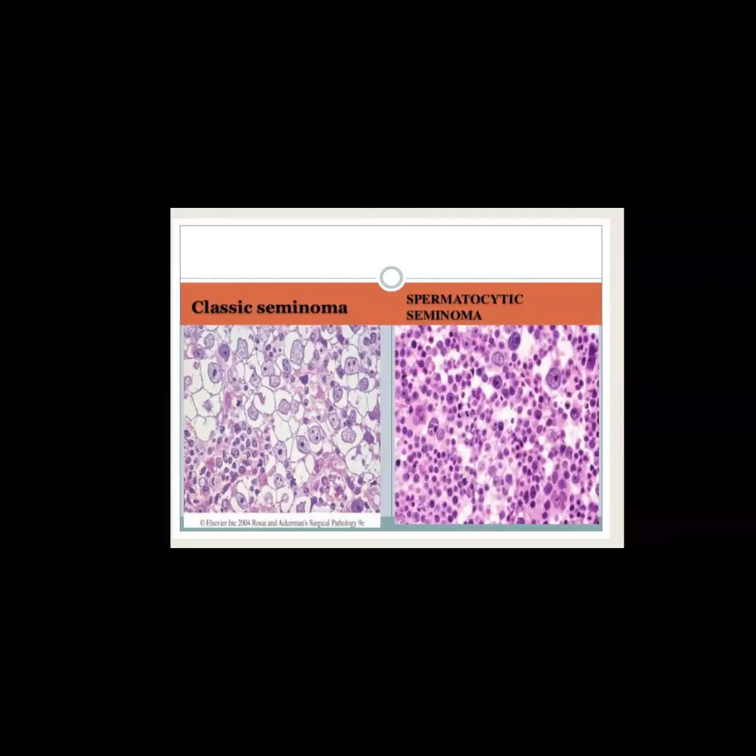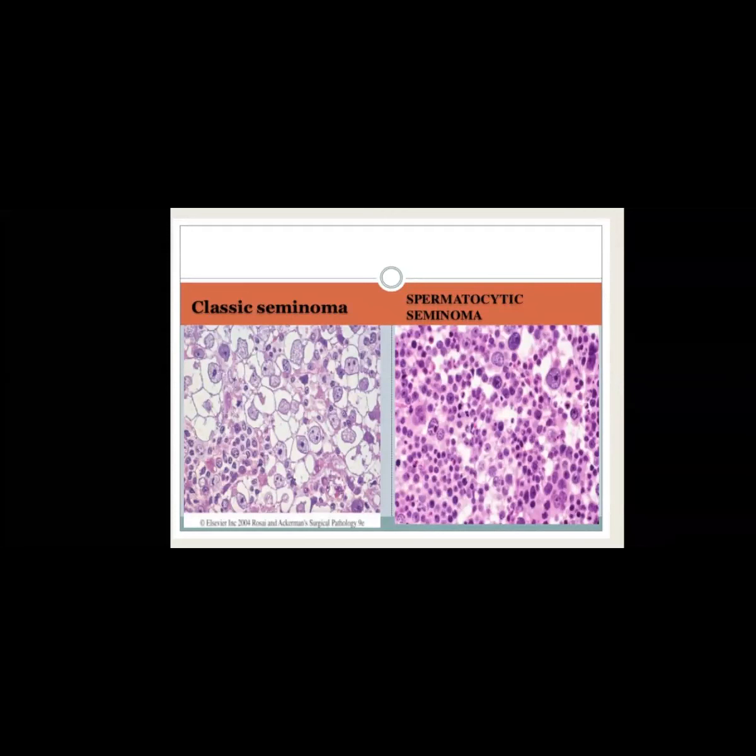Classic type is usually unilateral, whereas spermatocytic will be a bilateral presentation. Grossly, the classic one will almost replace the entire testis, whereas the spermatocytic one will be gelatinous and occupy only a portion of the testis.